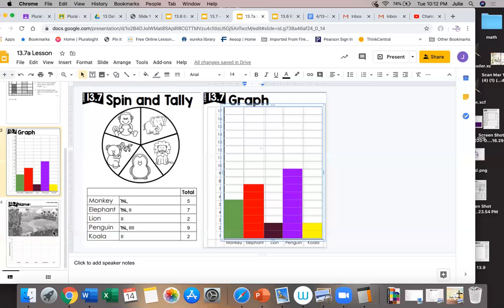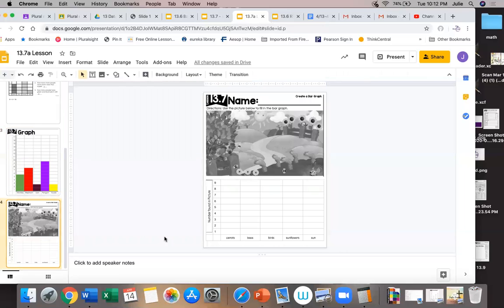Okay? So today on your work, you're going to fill in your own chart. You will have the data already for you. It's going to be there. Actually, it's up here in the pictures. Here is where your data is, and this picture's up here. And it's going to be like, how many carrots? What's my scale?